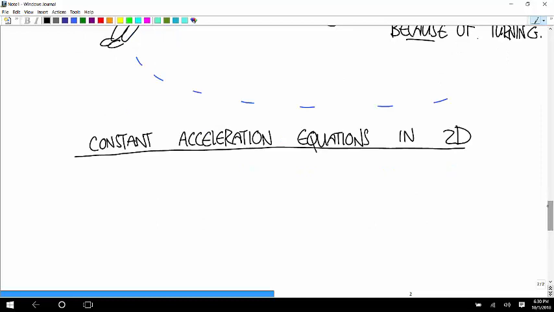Remember in 1D, we had this first one that said v final is equal to v initial plus the acceleration times time final.